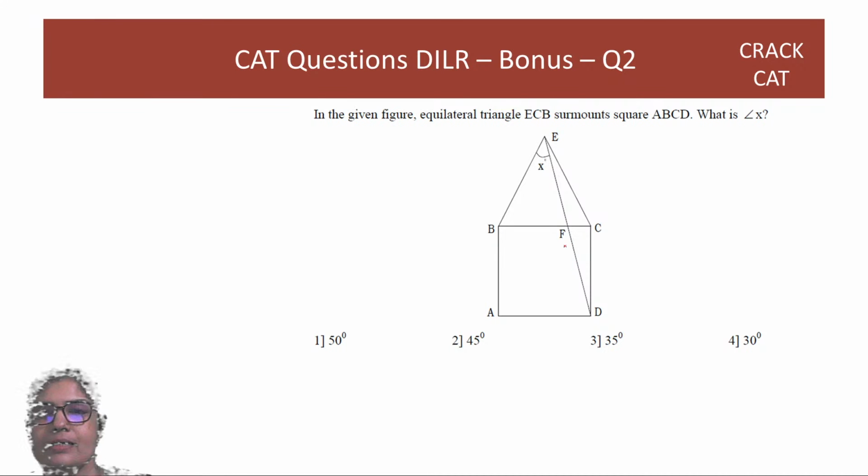Okay, so let us see. The whole angle will be 60 degrees. Right? This angle will be equal to this angle. Alright? And these three sides are equal.